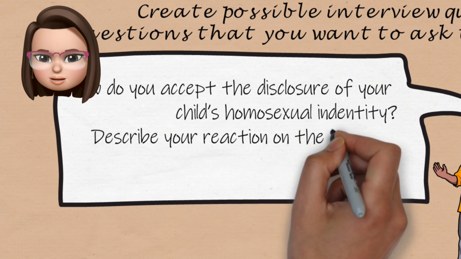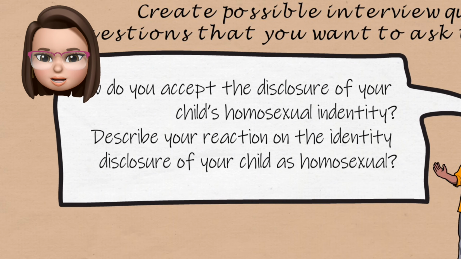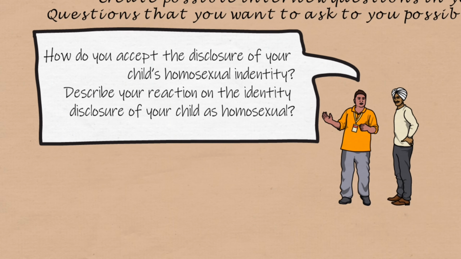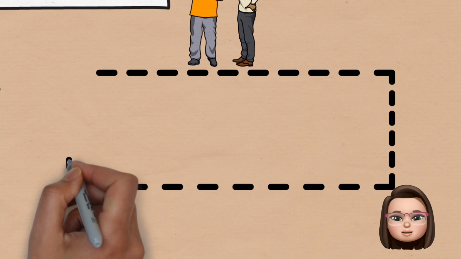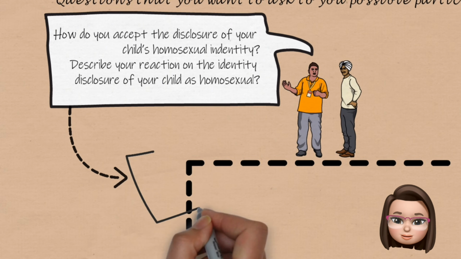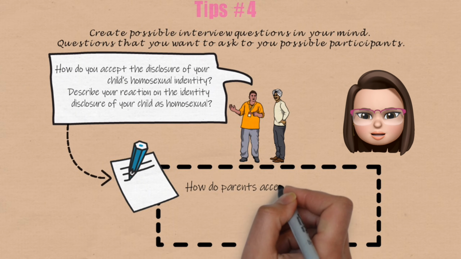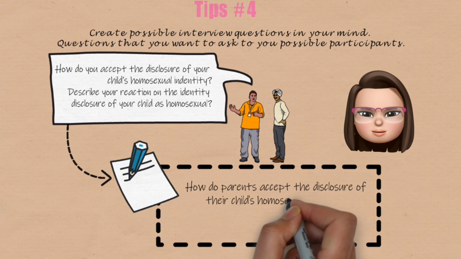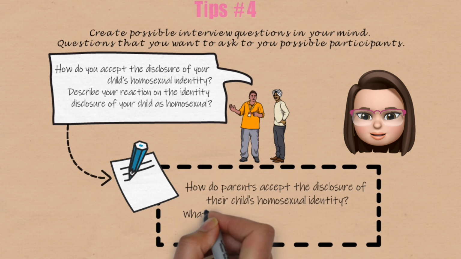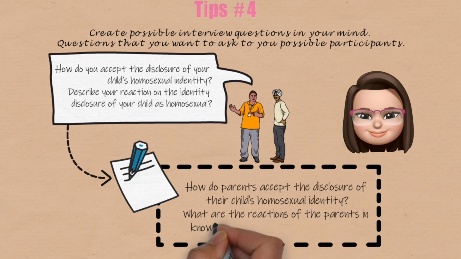Describe your reaction to the identity disclosure of your child as homosexual. With this, it may help you to compose a specific research problem like: How do parents accept the disclosure of their child's homosexual identity? What are the reactions of the parents in knowing that their child is homosexual?